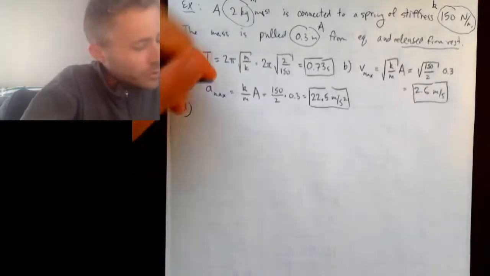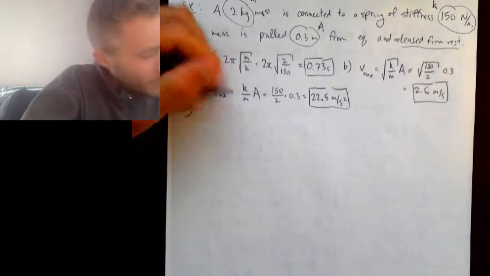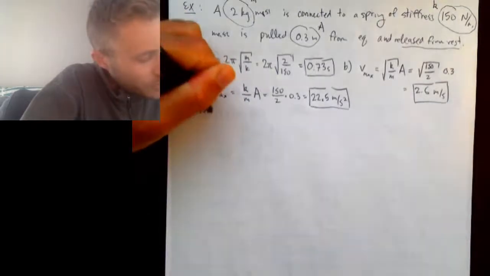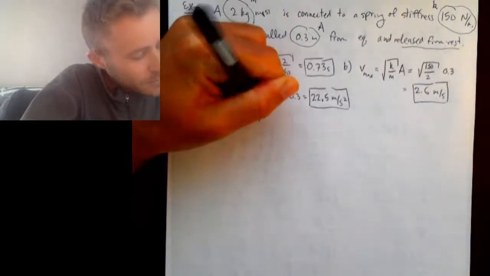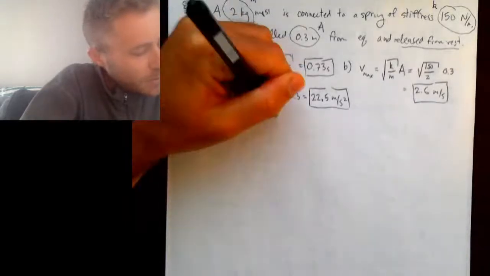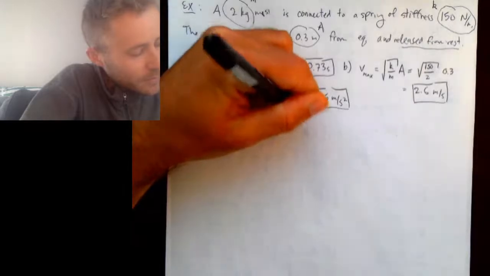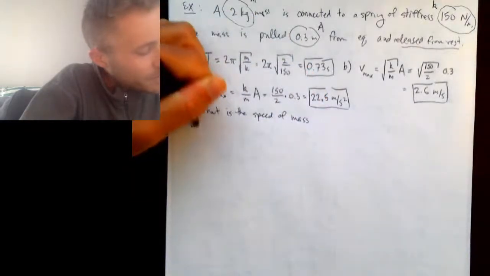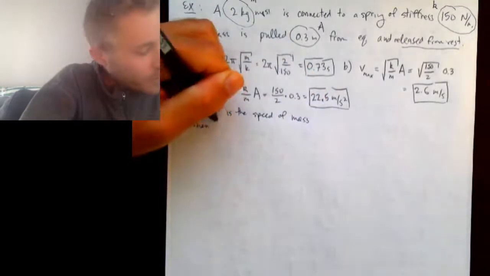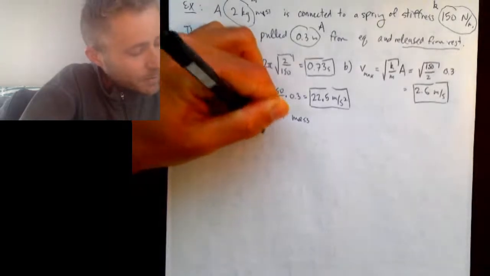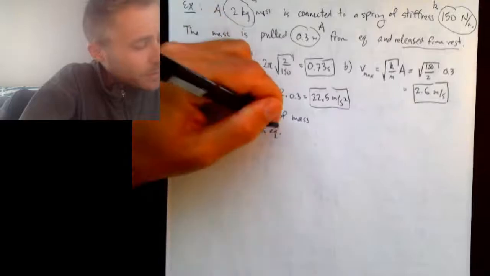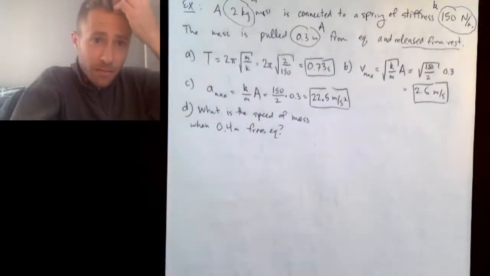So here's a question. It's a little bit of a trick question. What is the speed of the mass when it is 0.4 meters from equilibrium? I want you to type into the chat.